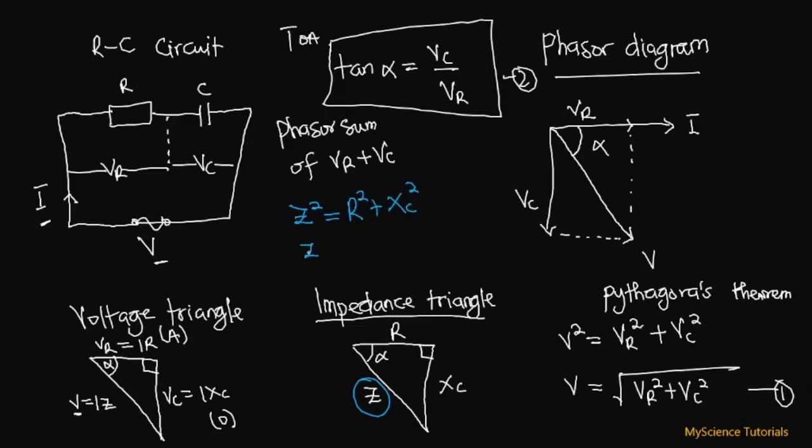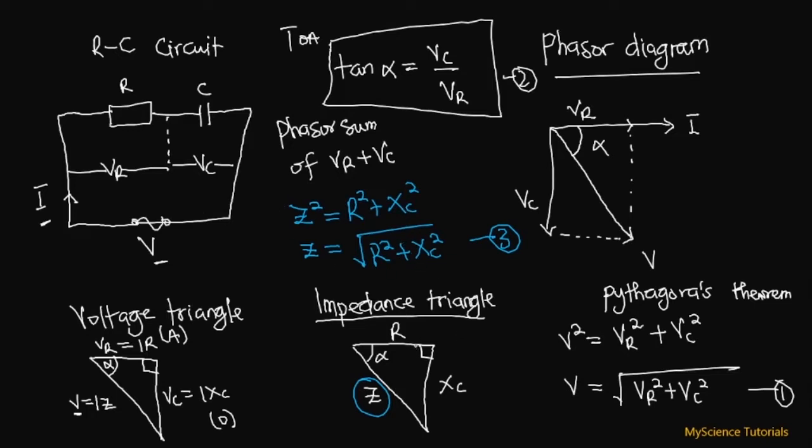So the impedance Z will be equal to the root of the resistance squared plus XC squared. So this is equation 3, another very, very important equation that we need to keep in mind when we are solving problems related to R and C series AC circuits.